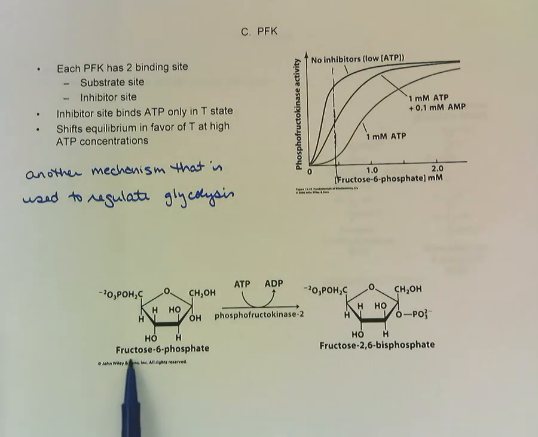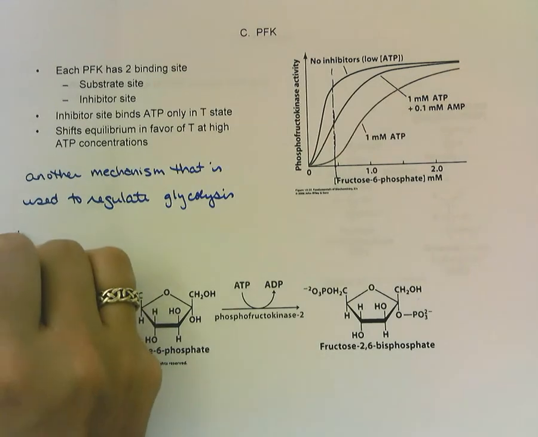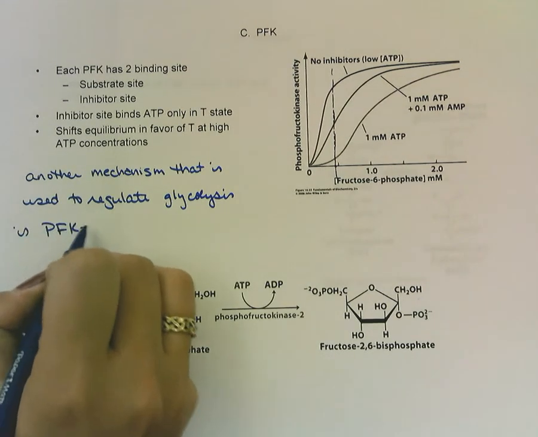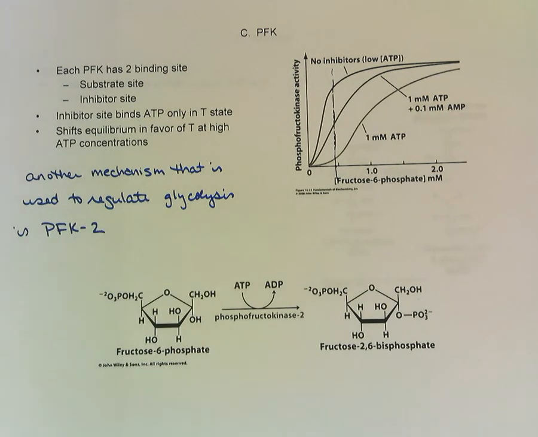Phosphofructokinase 2 goes from fructose 6-phosphate to fructose 2,6. So rather than 1,6, it goes to 2,6. So PFK2 is the other enzyme that can regulate glycolysis.